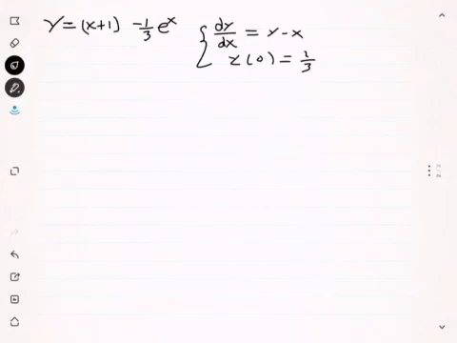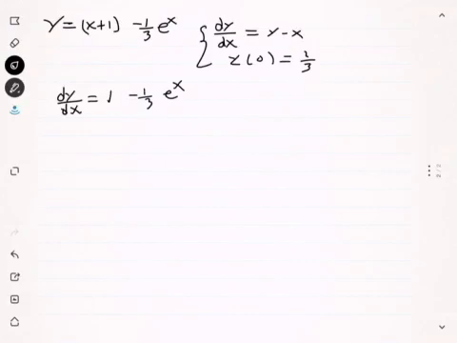And just like before, this time we have y, so we want to find dy dx. The derivative of x is 1, and the derivative of minus 1/3 e to the x is minus 1/3 e to the x, because the derivative of e to the x is e to the x, so that's what dy dx is equal to.